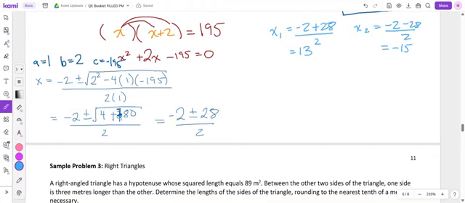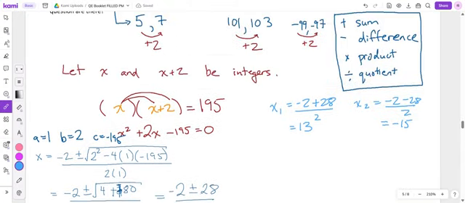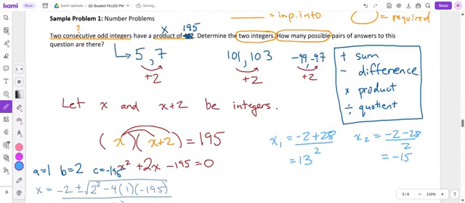What do both of these numbers represent? Which variable? X. Go back to the let statement. The let statement said, let x and x plus 2 be the integers. So if 13 is my x, what is x plus 2? Positive 15.